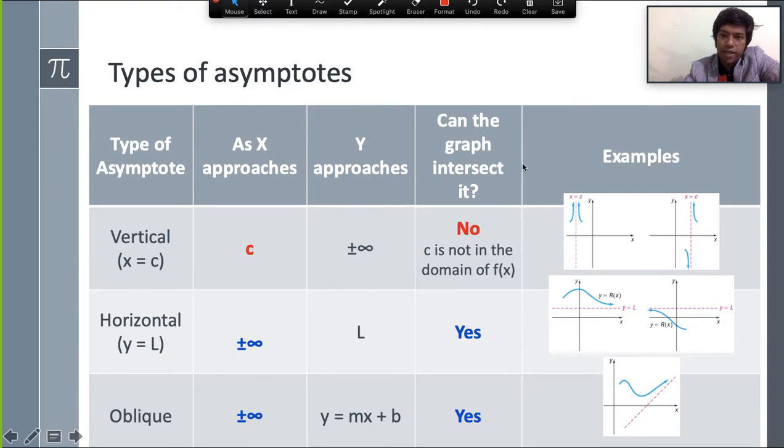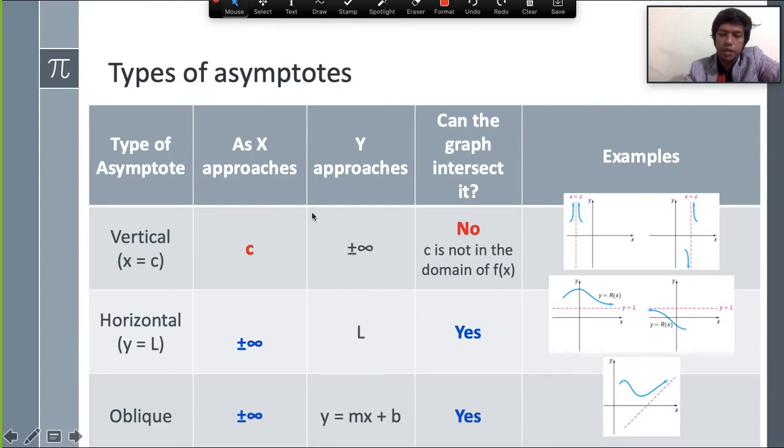And can the graph intersect it? In the vertical case, it is no, because for vertical, that number actually makes the function undefined. So that is a straight no for the vertical case, but for horizontal and oblique, there is not that restriction about the undefined condition. We will see them actually.